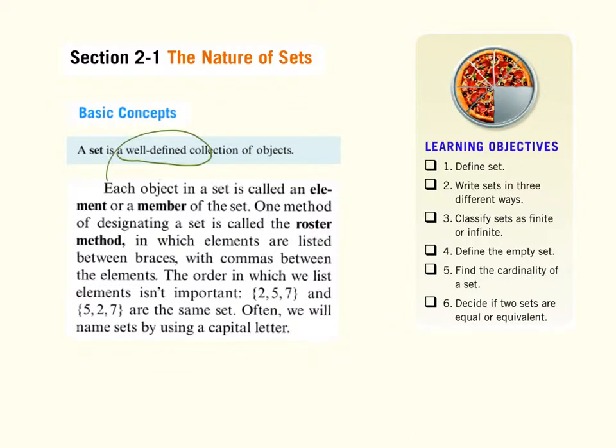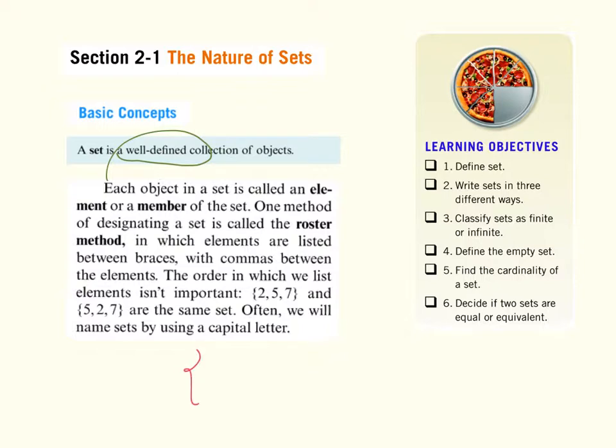Each object in the set is called an element or a member of the set. In this chapter, we're going to learn three different ways to designate a set. The first one is called the roster method, in which elements are listed between braces.